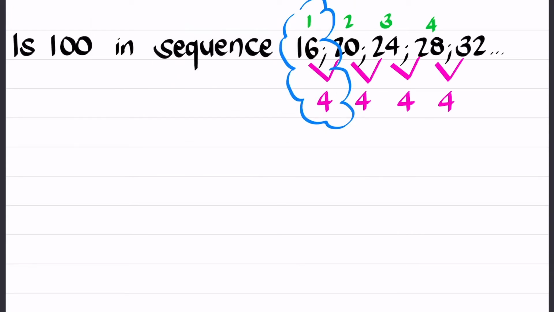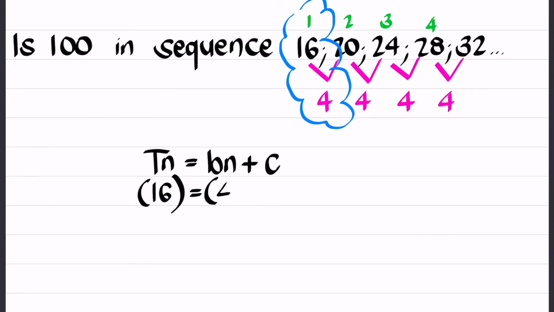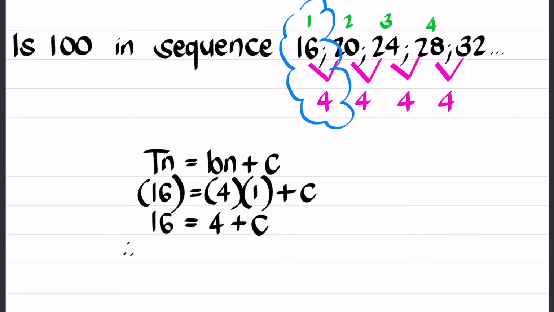Now we have Tn equals Bn plus C. So our term value is 16, so we substitute that in, equal to our B value, which is 4, multiplied with our n value, which is 1, plus C. So we have 16 equal to 4 times 1, which is 4, plus C. Now to get the C by itself, I'm going to subtract 4 from both sides.